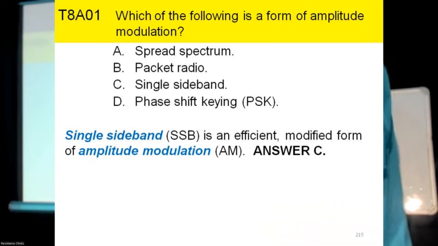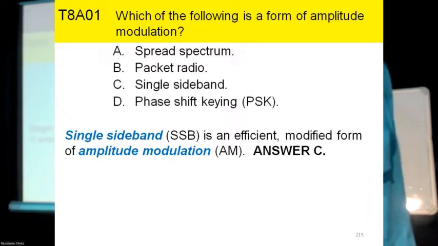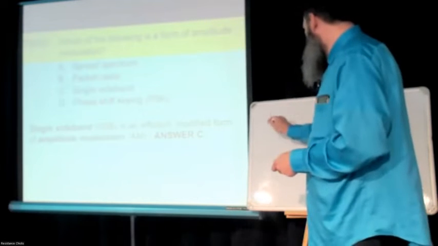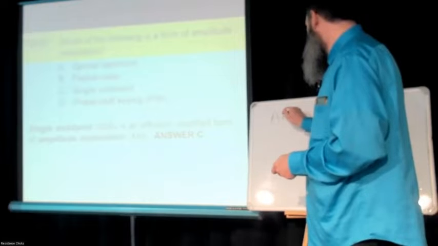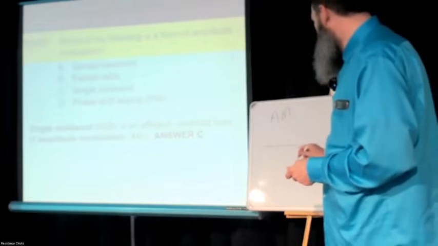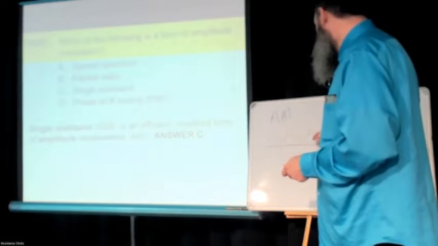Which of the following is a form of amplitude modulation? And the answer is single sideband. The way that works, if you have an AM signal, you have the center line, which is your carrier, and then you would have your voice signal here.